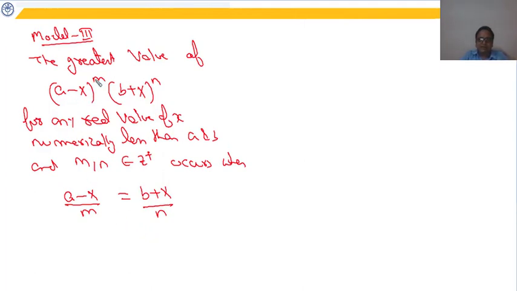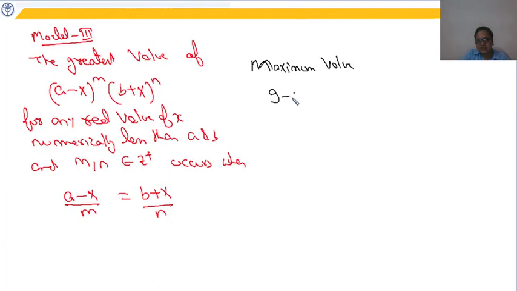Very simple. a minus x divided by m is equal to b plus x divided by n. Let's take an example. We have to find the maximum value, the greatest value.